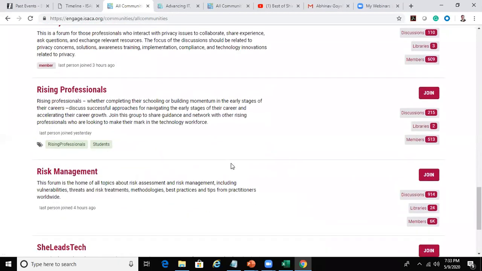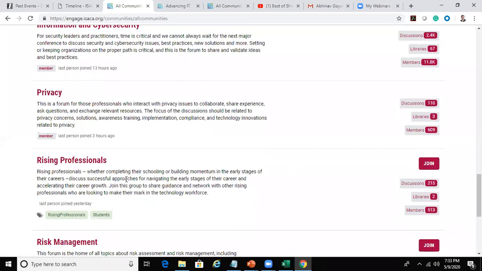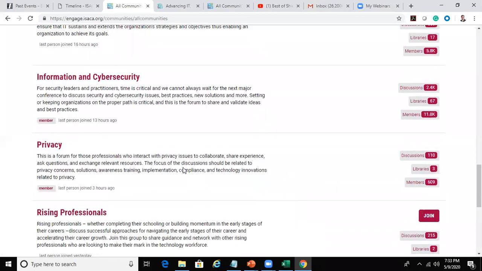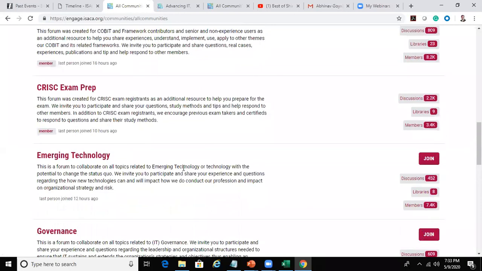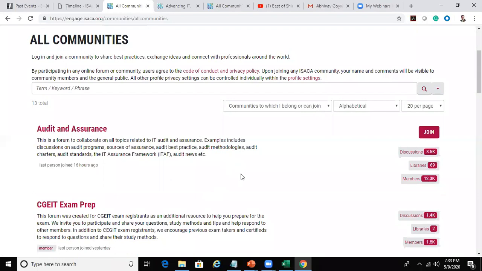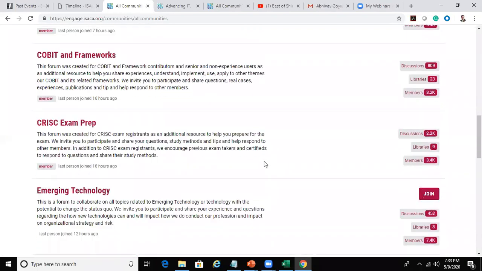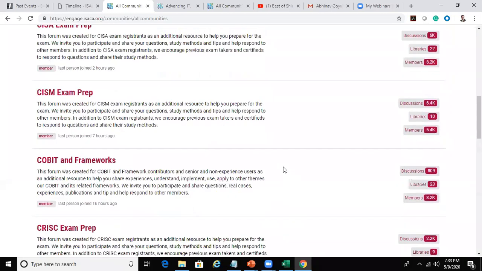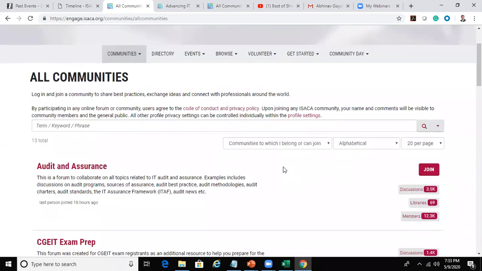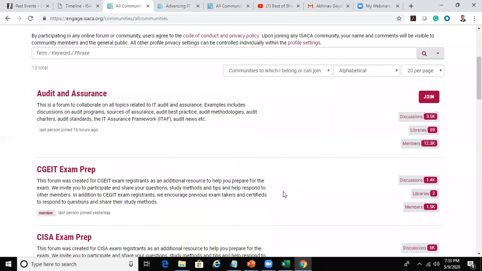I am one of the volunteers for the Rising Professionals community. As part of it, I also get a chance to respond to the queries which ISACA members report. For the Engage platform, you need not have an ISACA membership as such. You can register yourself, interact with the platform leaders, and interact with other members also. Each domain or community has its members.